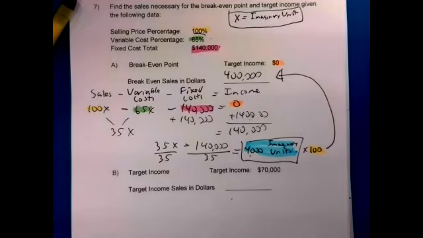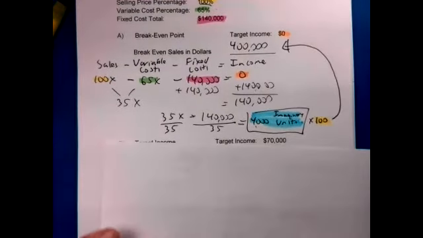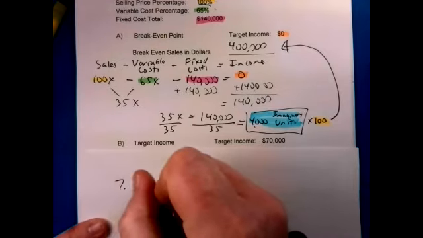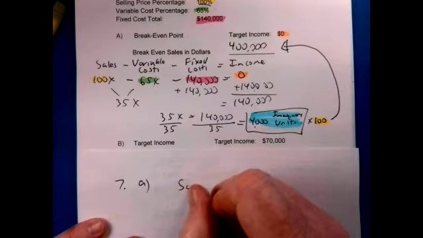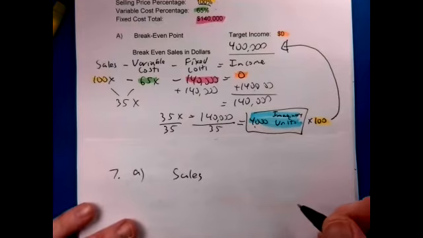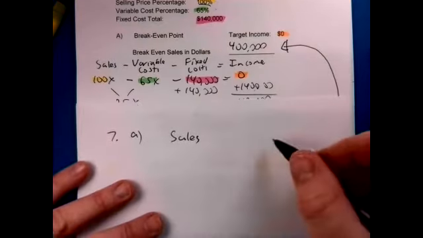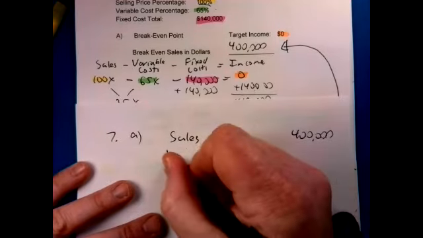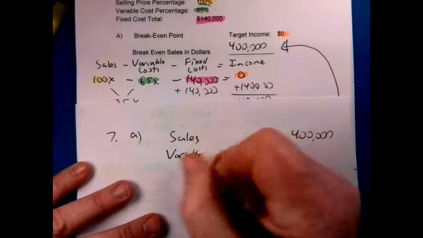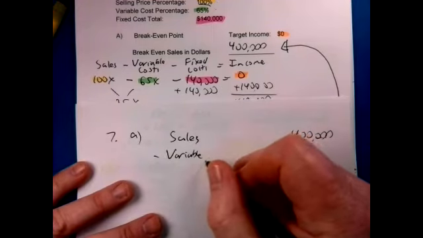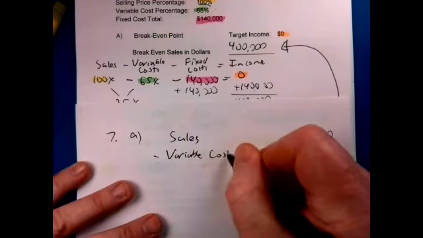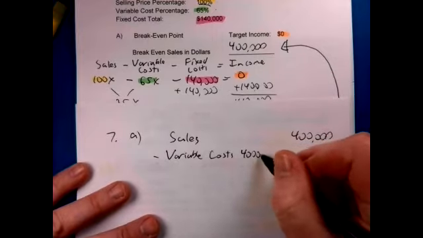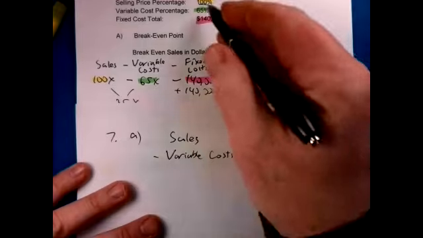I'll show you what this is really telling us here. So what this is telling us is this: our sales for break even would have to be 400,000. Our variable costs are the 400,000 times the 65%.